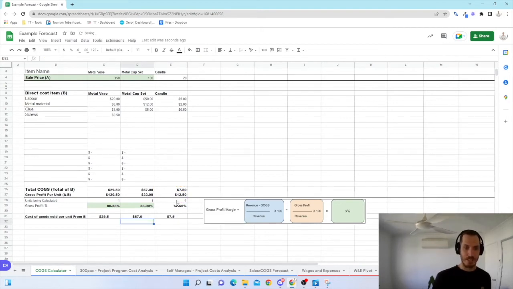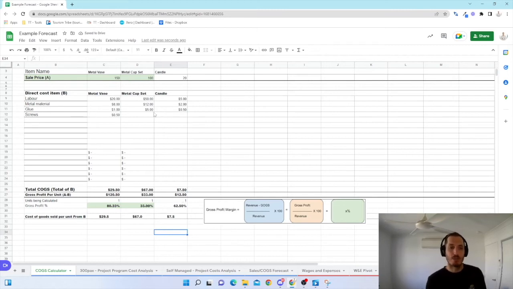If I need to change that around and do more than one unit, then I can just put that input here, and then I can use this number and perform the same equation further down the bottom, so I don't mess up the calculator, with the gross profit percentage. But in this case, I'm just going to keep it at 1 and look at it like that.